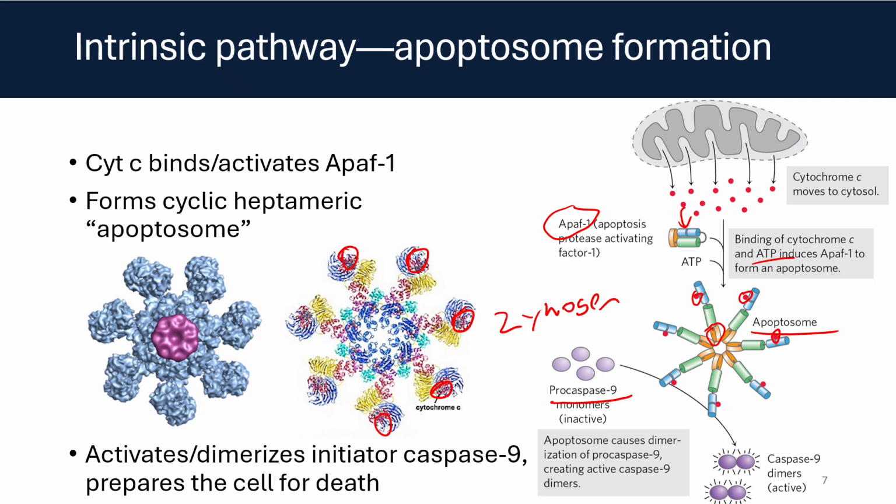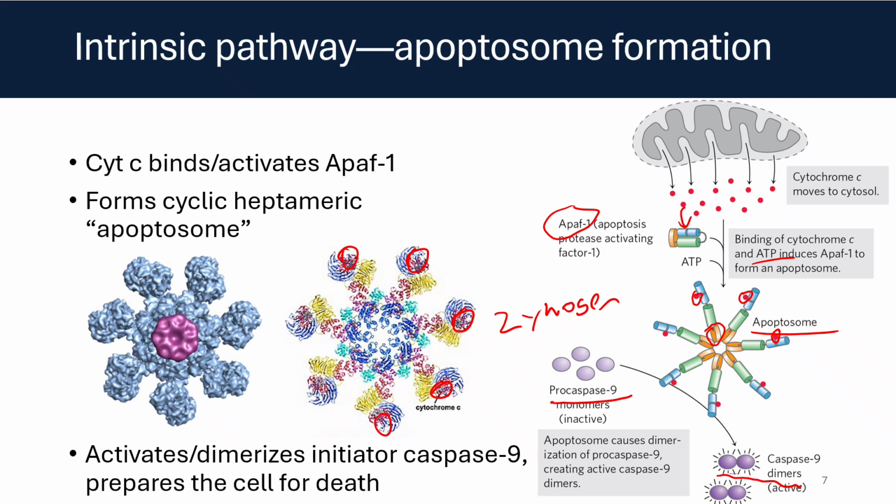It's an inactive enzyme, usually with a masking sequence clogging its active site. Well, the apoptosome has very specific protease activity to it. It's able to cut that masking sequence and convert procaspase 9, inactive, into dimerized, active caspase 9.